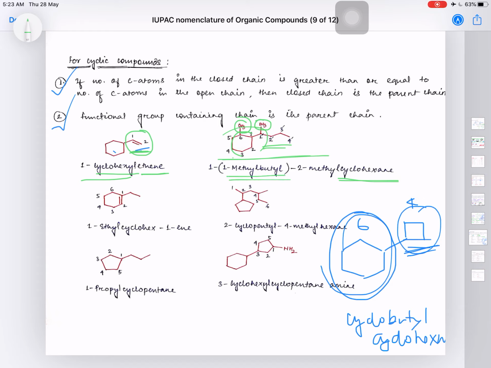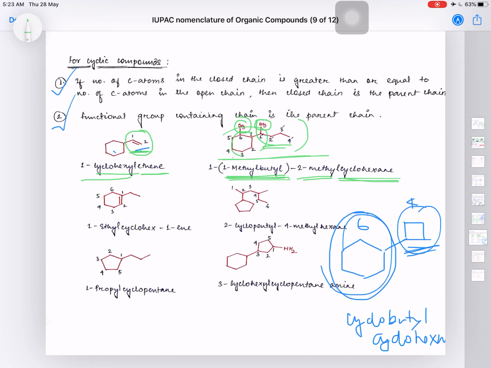Since the substituent also has a methyl group, we'll write it in brackets. In one position you have methyl butyl, meaning it is a 4-carbon chain, so it is butane, and in one position you have a methyl, so it is methyl butyl. In this cyclic ring you also have a methyl group, so it is 2-methyl cyclohexane.